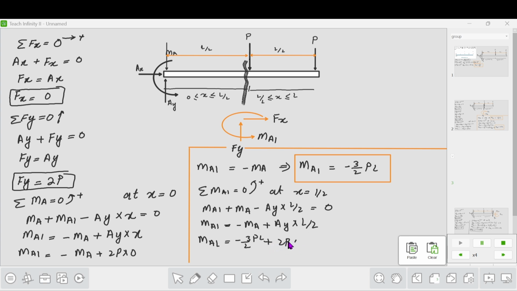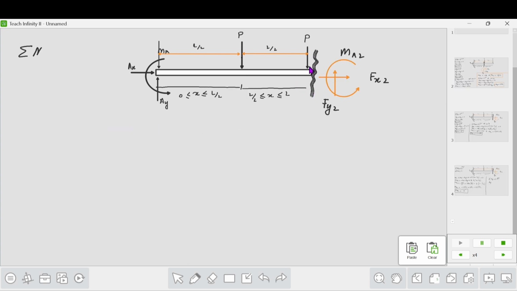So this is 2P multiplied by L divided by 2. So 2 will cancel. This will become PL. So MA1 is equal to negative 1.5 PL plus 1 PL. So it will become negative 0.5 PL. Okay. So MA1 is negative 0.5 PL.